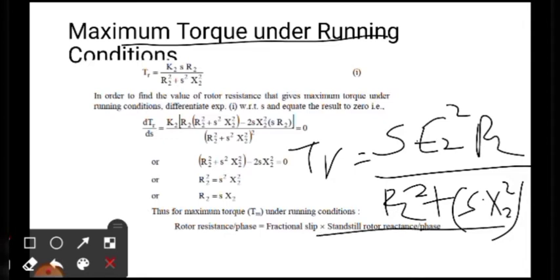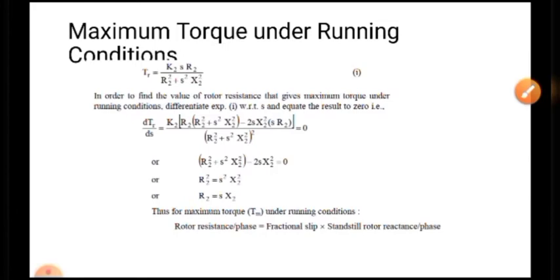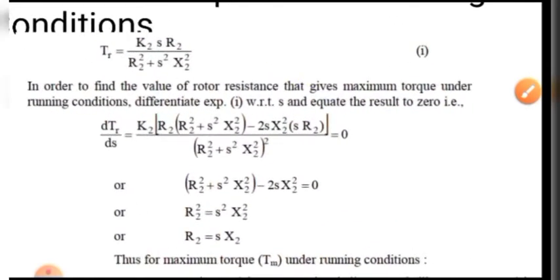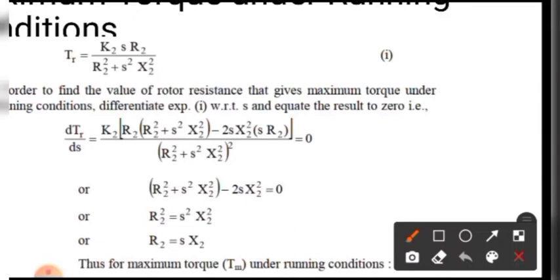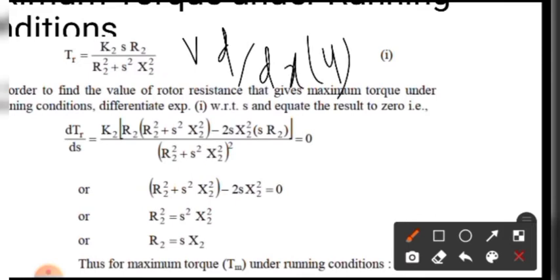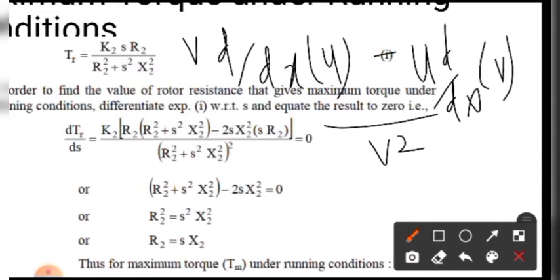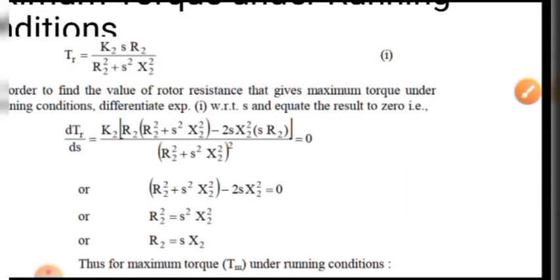To find the maximum torque under running condition, take the derivative of this equation. Firstly, use the quotient rule, which is (V × derivative of U − U × derivative of V) divided by V². Consider the numerator as U and the denominator as V.